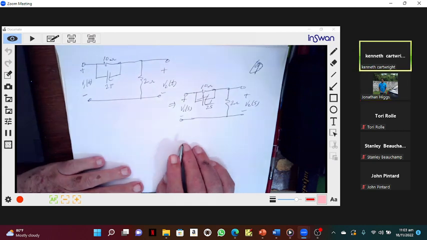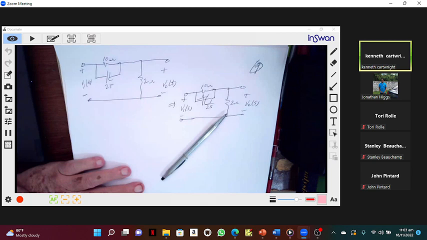Young man, what you're asking is what's the Laplace impedance of an inductor? Let me ask you another question. When we were doing phasors, what was the impedance of the inductor?